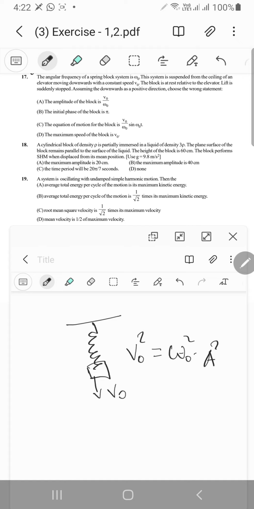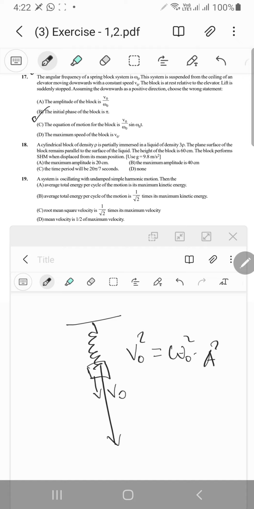The initial phase of the block is pi, so the downward is considered as the positive direction, right? Right now x is increasing. The cosine thing should be positive. So no, it's not pi, which means this is actually the wrong statement. The equation of the motion for the particle is v naught upon omega naught sine omega naught t.